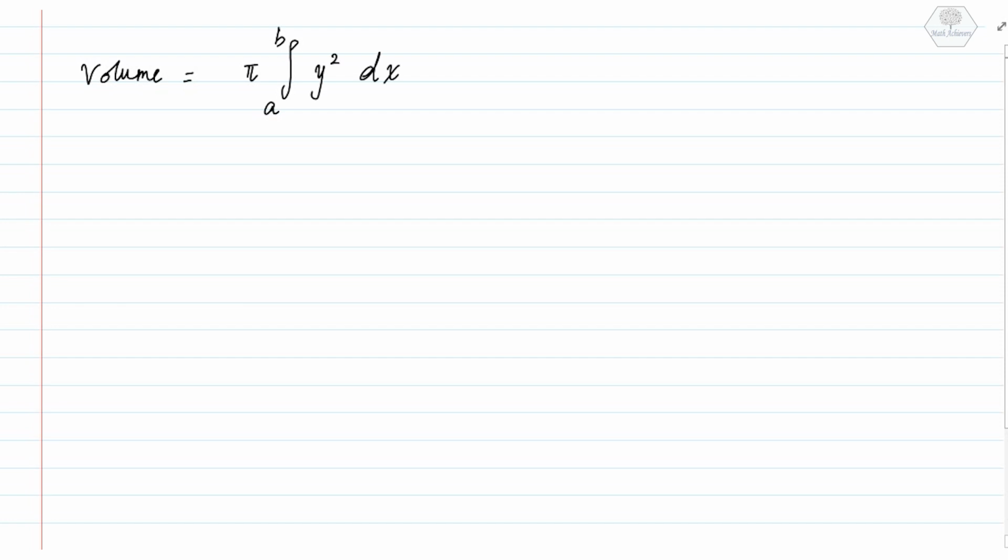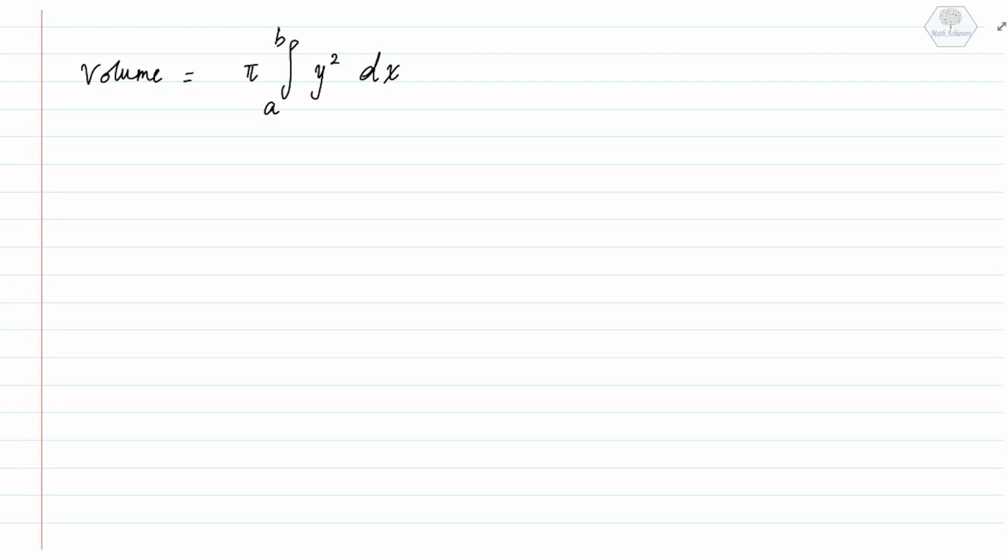We need to multiply pi times the integral of our function squared. Let me discuss how they are related: when we revolve the function around the x-axis, what can we get?